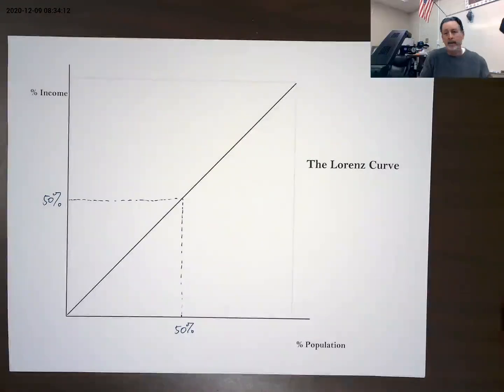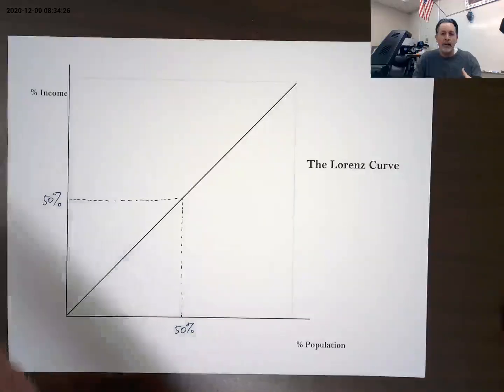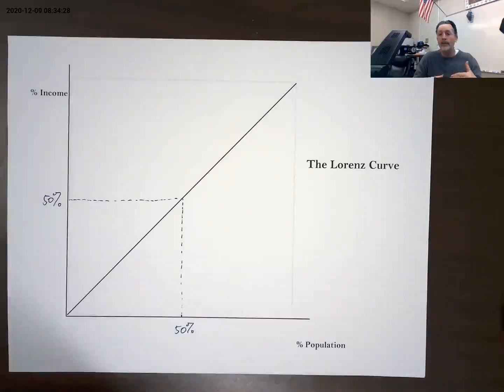But as we know, income is never divided perfectly equally through society, and so we have the Lorenz curve. And the reason I've highlighted this idea of the 50% and 50% from our line of perfect equality is that it will give us a really nice point of comparison when we draw in our Lorenz curve. So let's go ahead and do that.